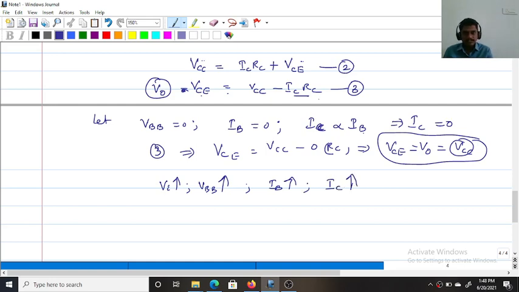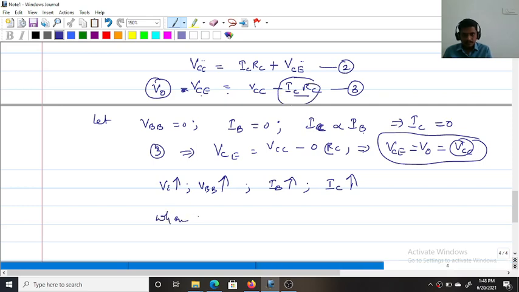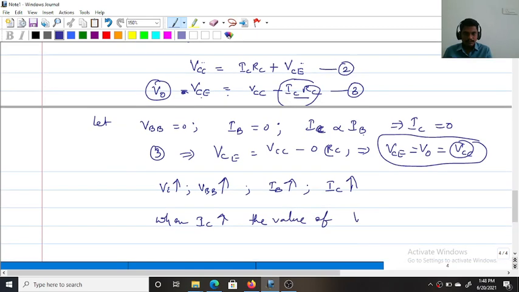When IC increases, the value of VCE decreases. VCE becomes less than VCC. Yes or no? Here it is subtracting. When IC is 0, simply VCE is equal to VCC. When IC increases, VCE becomes less than VCC.